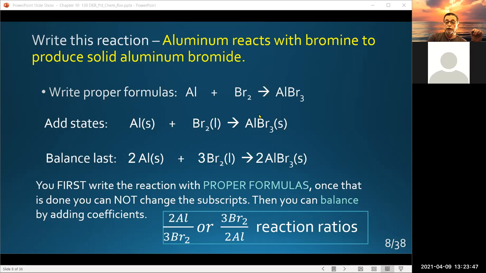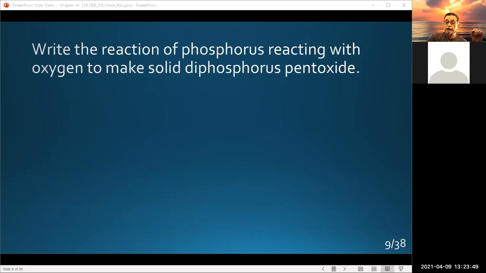All right, no problem. So here, let's break it down. The best way to attack any problem here is to break it down into pieces. So here we're asked to write the reaction of phosphorus reacting with oxygen to make solid diphosphorus pentoxide.